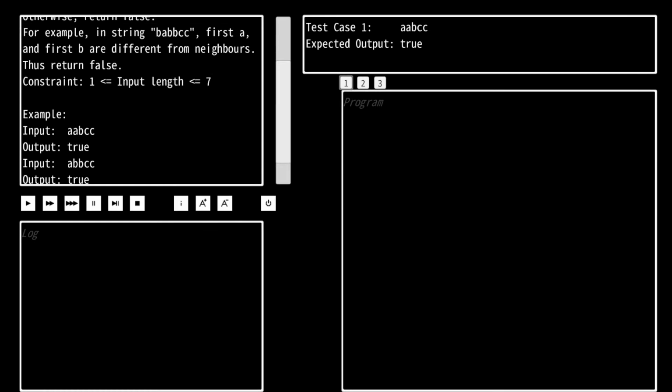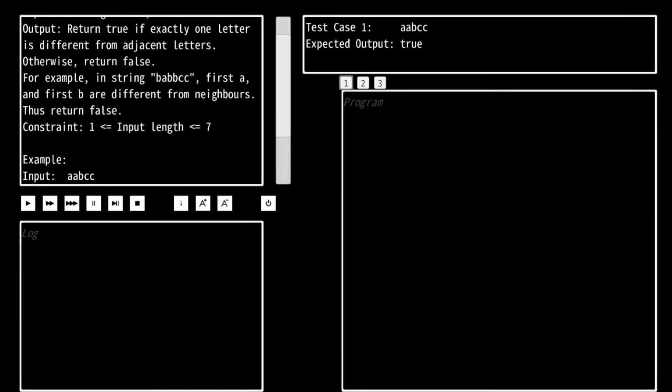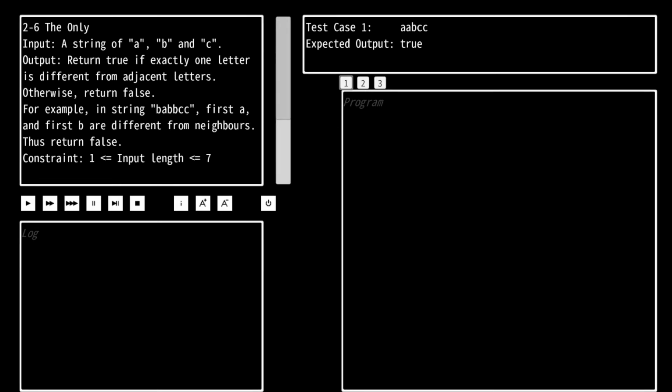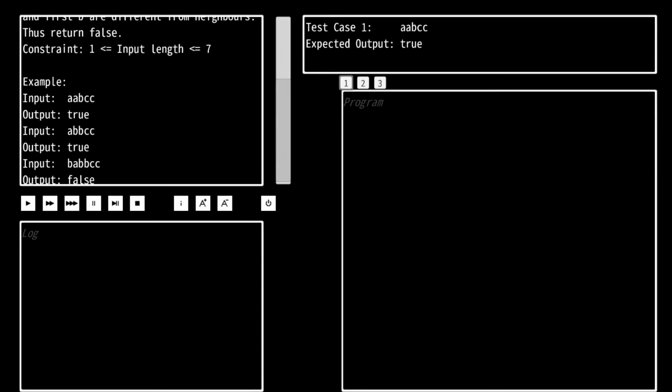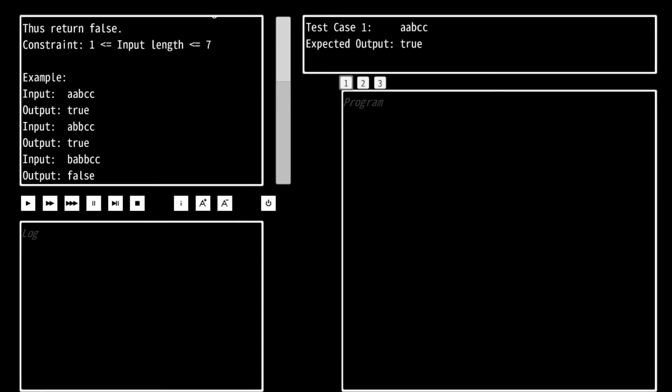How are these true? Exactly one letter is different from adjacent letters. So, how does this work? Oh, because these two are the same.